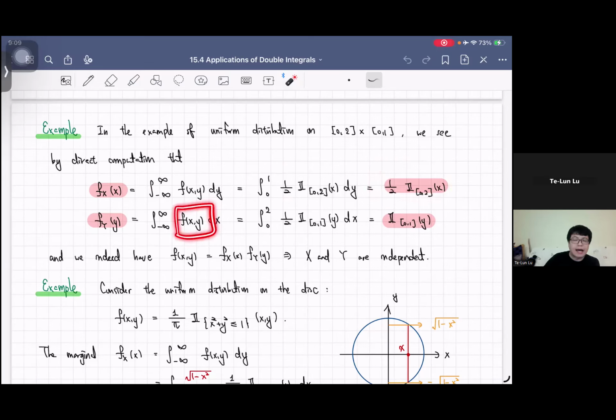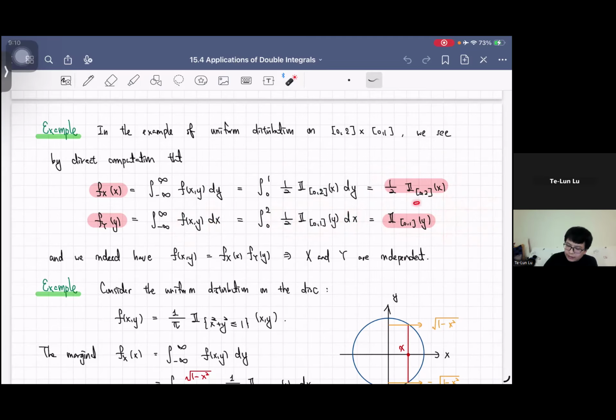This is simply half on the box, so it will contribute something when y is within 0 and 1, and it is half here. Integrating over x, you simply get the indicator function from 0 to 1. So this will be 1 when y is within 0 and 1, and 0 otherwise.